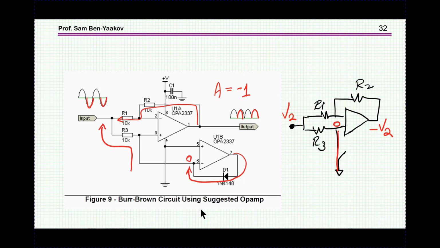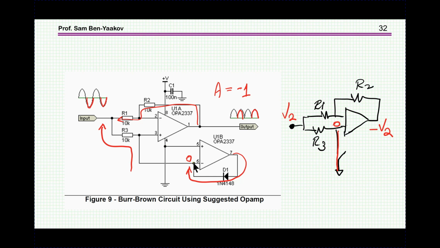So what happens when the input is negative? Well, in this case, when the voltage here becomes negative, the output here becomes positive and the diode is conducting. Since the plus input terminal of this amplifier is tied to ground, we are going to have here virtual ground.